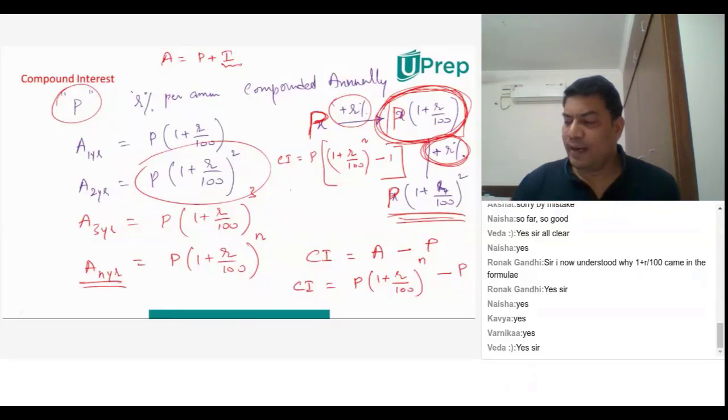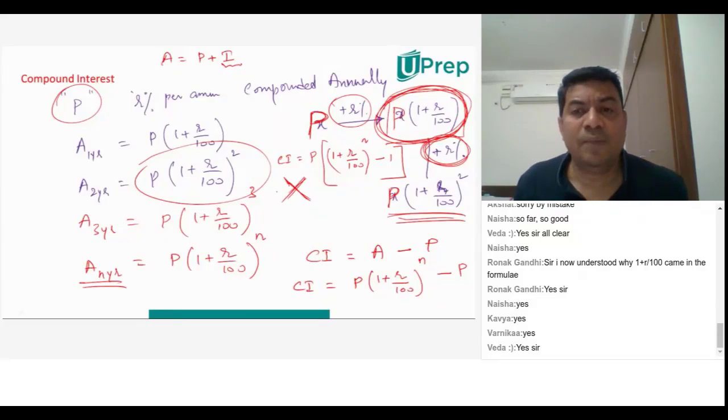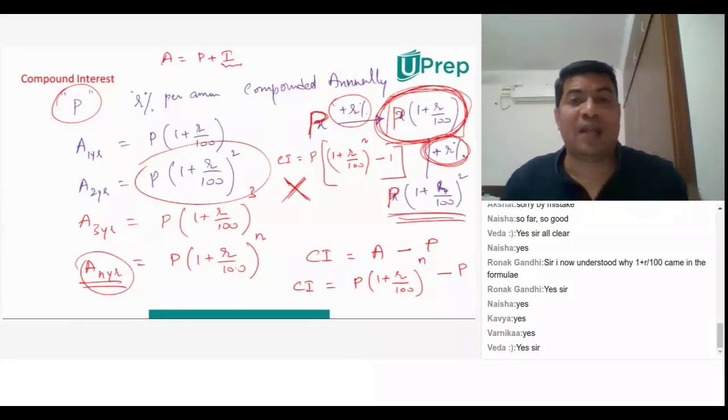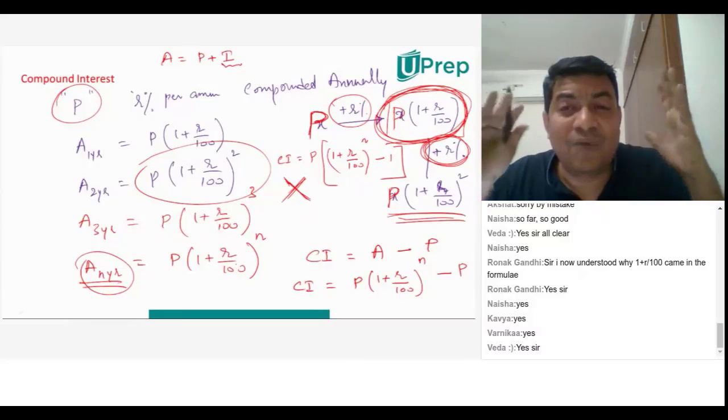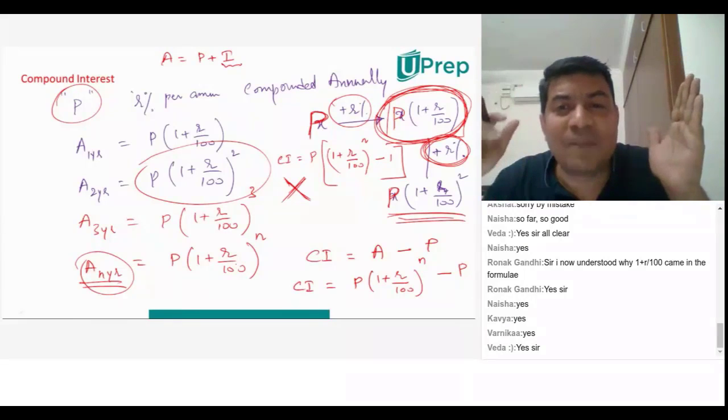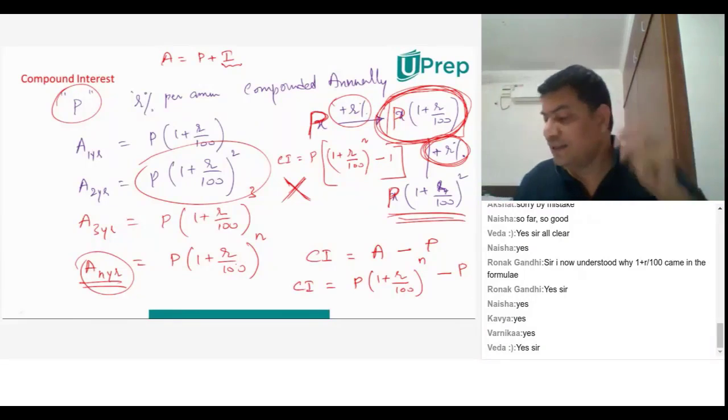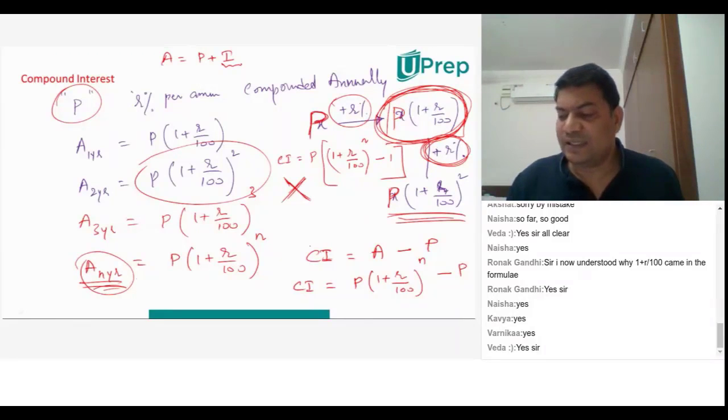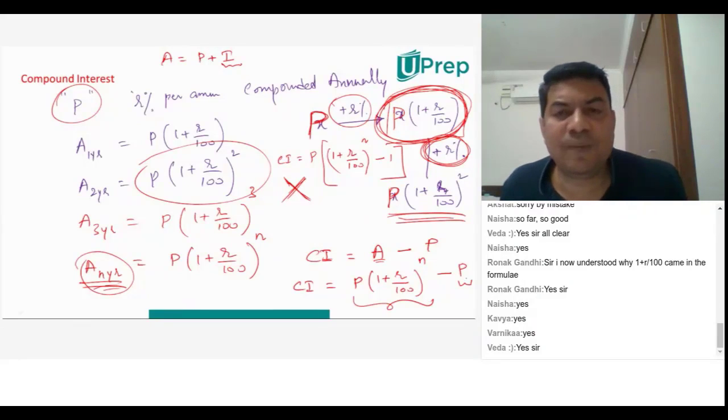But I don't recommend you to remember this formula, because once you know how to calculate amount at the end of n years, which is a very simple formula, principal into 1 plus R by 100 whole power n, you can remember it even at 12 midnight. And if you know that amount, you know the compound interest formula: any interest is amount minus principal. You calculate the amount here, you know the principal there, and amount minus principal will give you the answer.